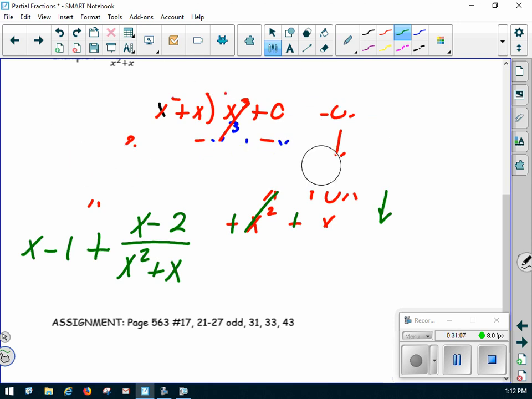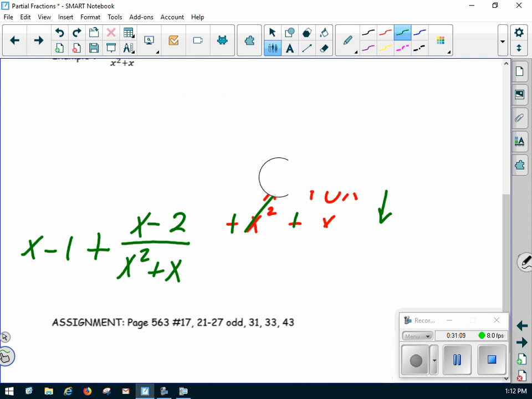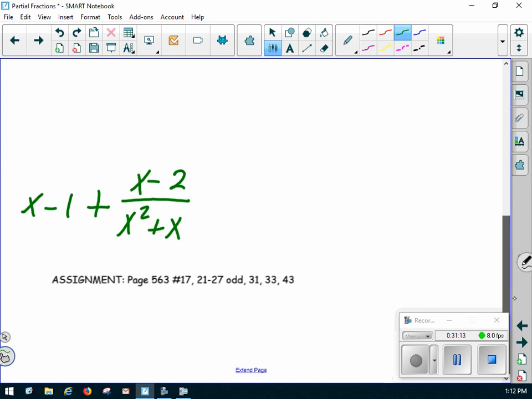This is actually pretty easy to finish. Right. Well, almost. This is essentially, I have rewritten an improper fraction as a mixed number.